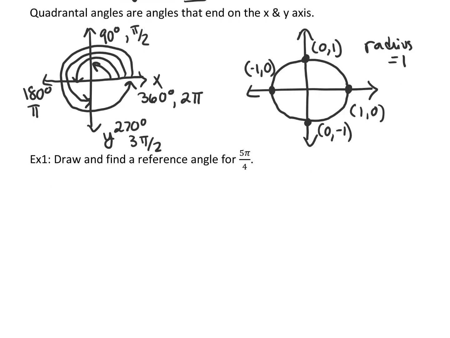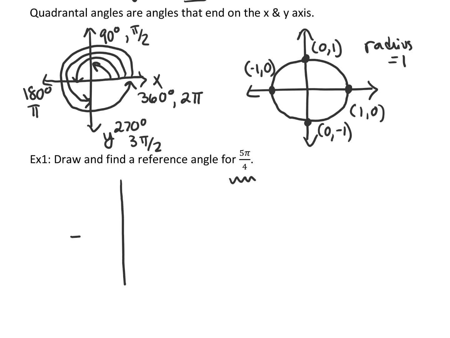So you really need to be taking some good notes today because I'm going to refer to all of this terminology. One type of question that you're going to have to know how to do is to draw and find a reference angle. So the angle that's given to us is 5 pi over 4. So it's in radians.